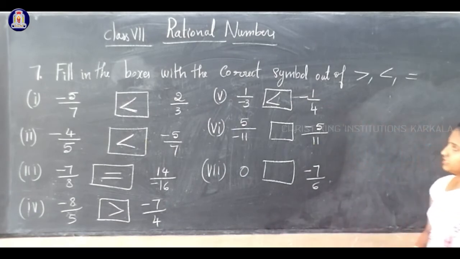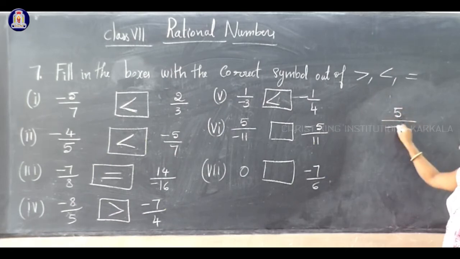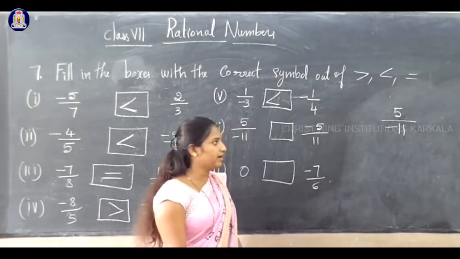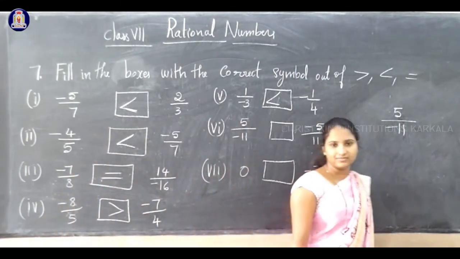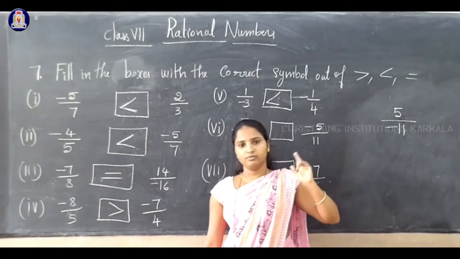See, the next question, that is 5 by minus 11 and minus 5 by 11. In this, if you see, the numbers are the same, 5 by 11 and 5 by 11. But what about the sign?